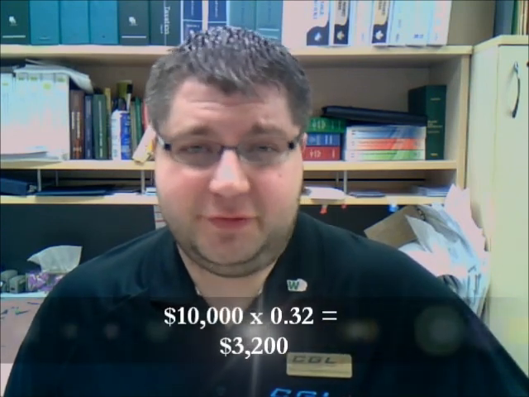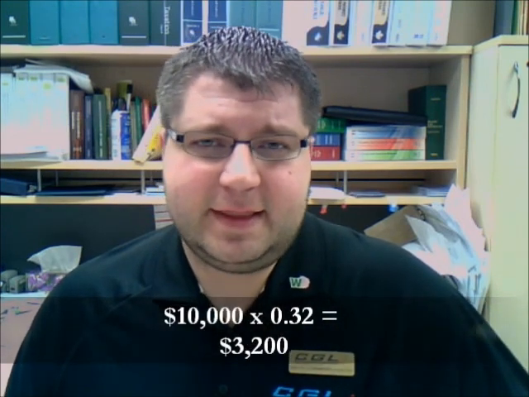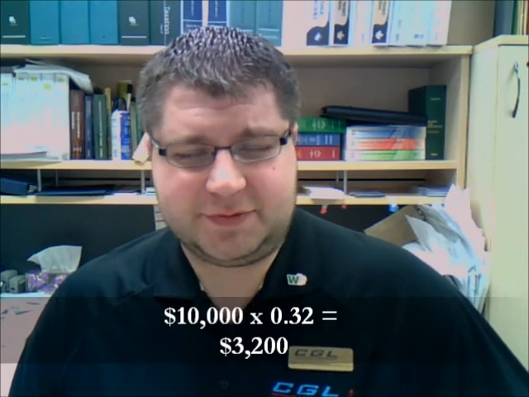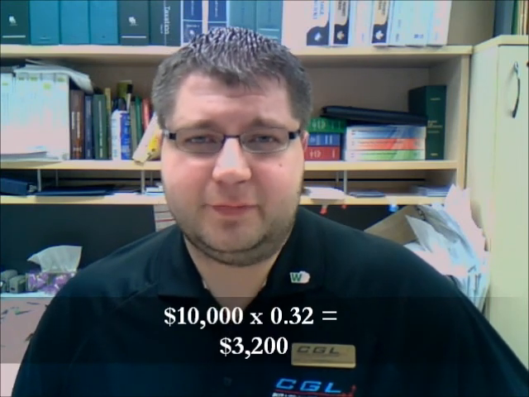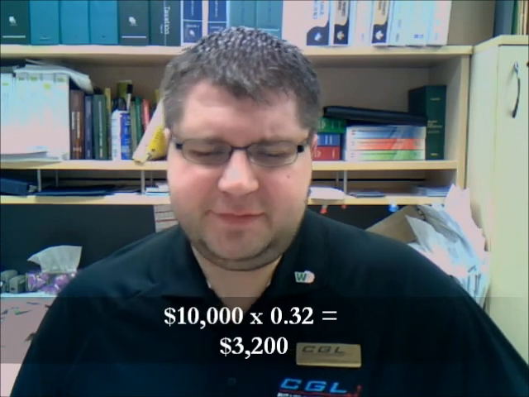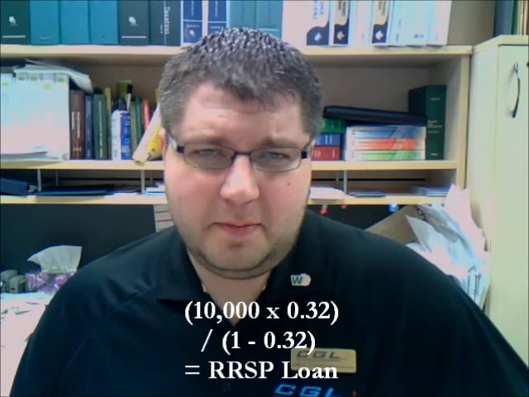So assuming you contributed $10,000, you'd be expecting a refund if everything else balanced out. You'd be expecting a refund of about $3,200. So $10,000 times the 32% tax rate gives you a $3,200 refund. To figure out what kind of loan you should be taking if you want to do a top-up and then pay off that loan with your refund proceeds, you take 1 minus your tax rate.